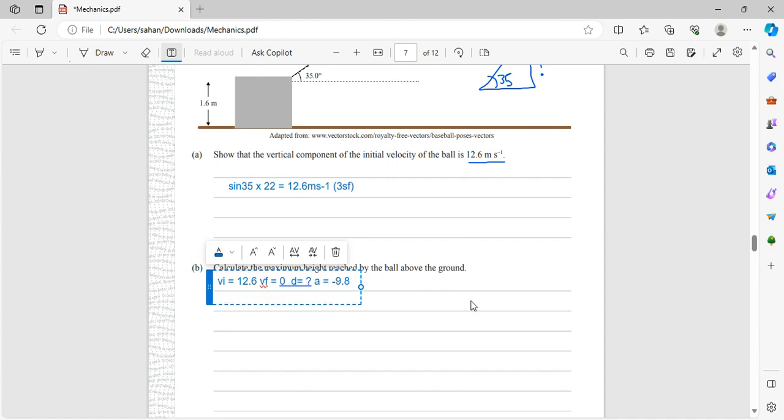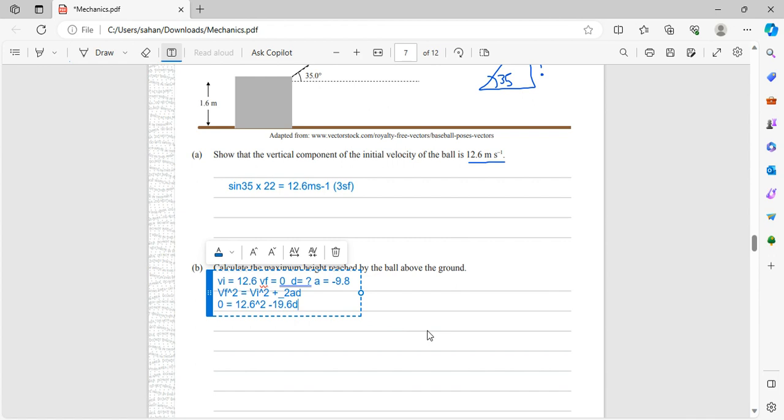So we have the equation VF squared equals VI squared plus 2AD. Okay. So 0 is equal to 12.6 squared minus 19.6 D. The reason I got 19.6 is because I did 2 times 9.8 previously.